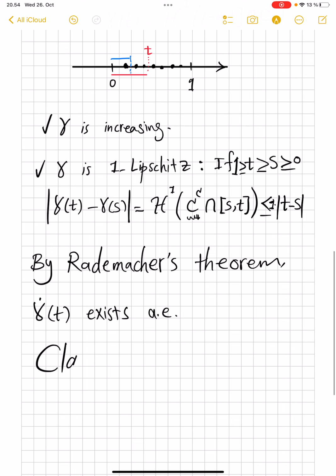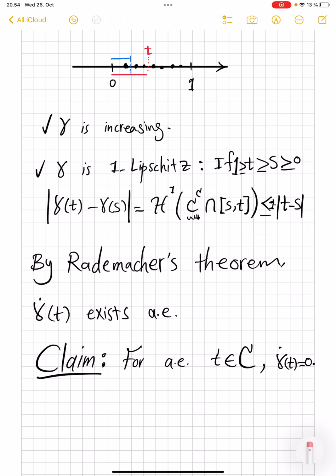Okay, the main claim, the non-trivial claim we will have, is that for almost every t in the Cantor set, gamma prime of t is actually equal to 0.